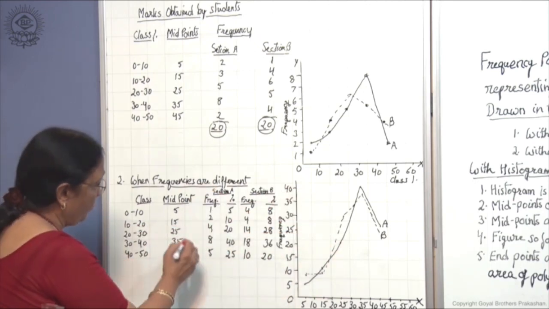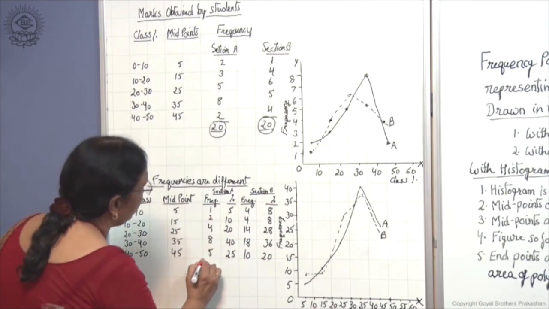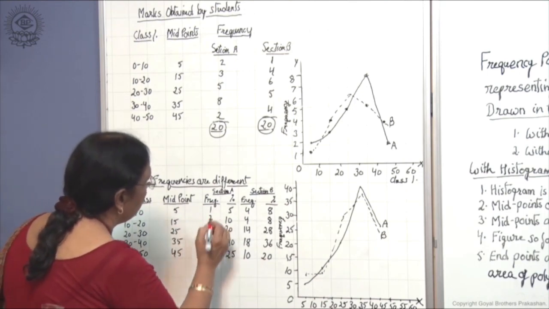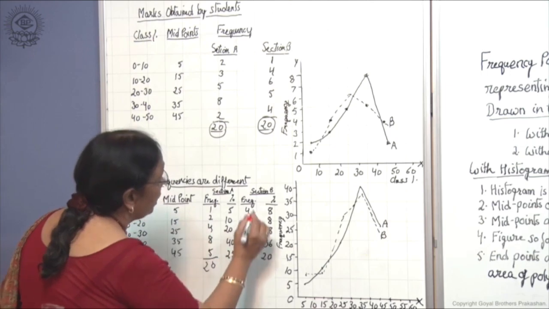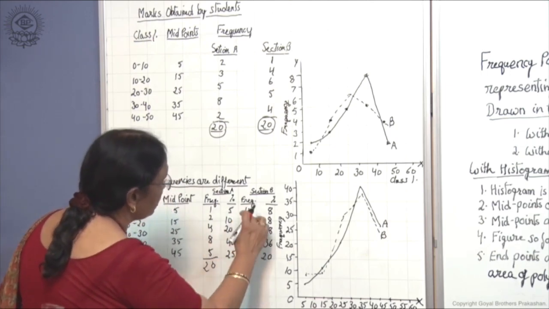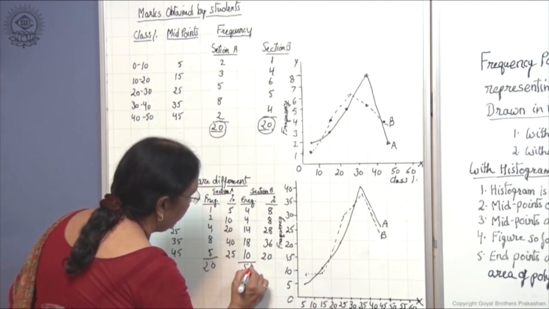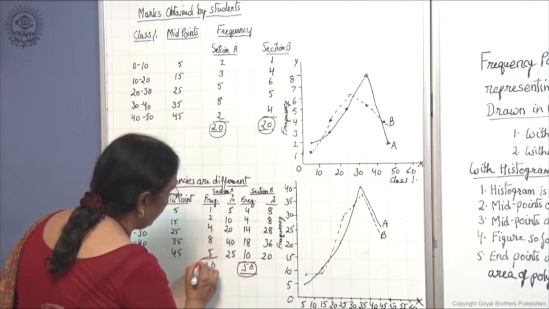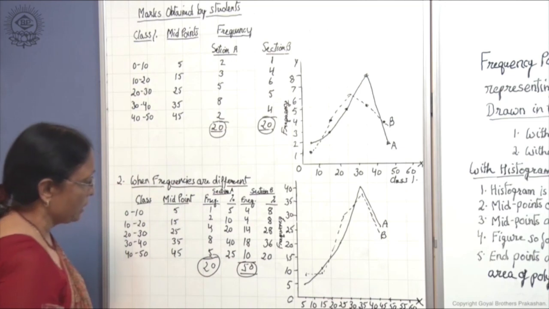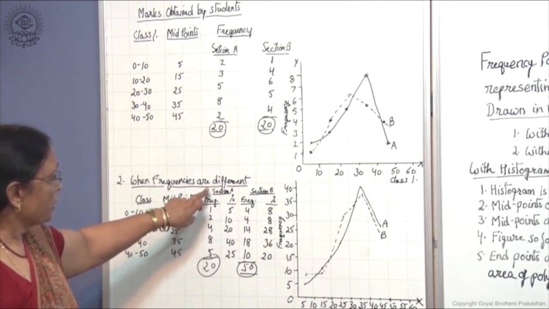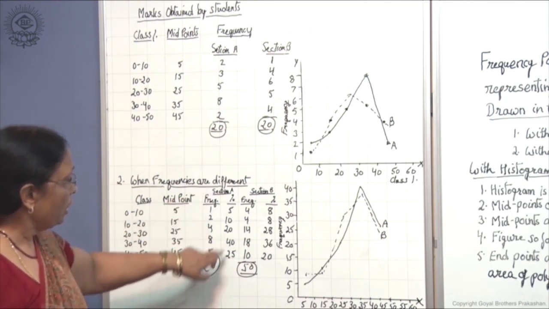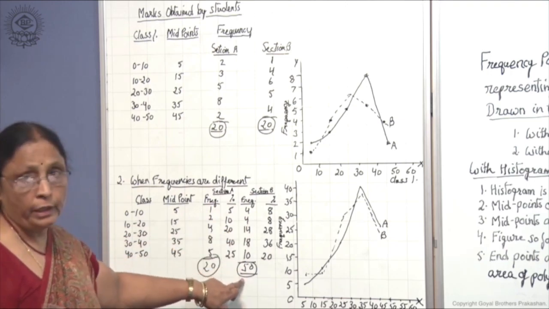In this example, the frequency total of this one is 20 and this frequency total is 50, right? So the frequency total is different in both cases. Section A is 20 total and section B total is 50.